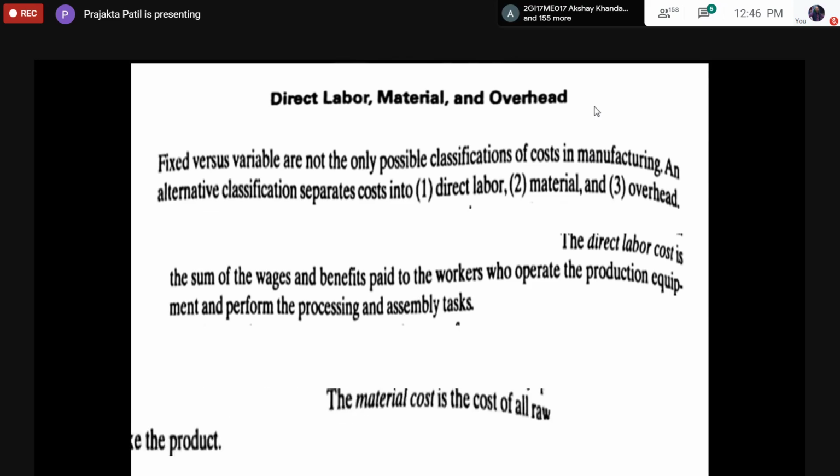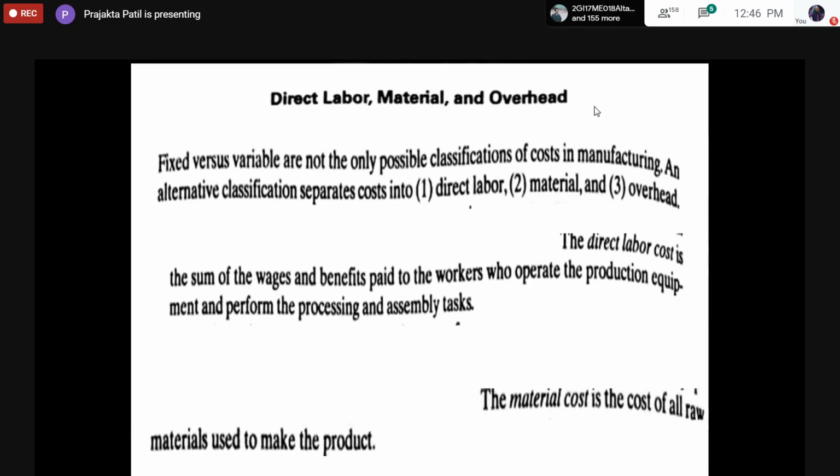So what is material cost? It is the cost of all raw materials which are used to make the product. Now, this material cost is based on the company. We have different types of companies, different types of plants, requiring different types of raw materials, right?